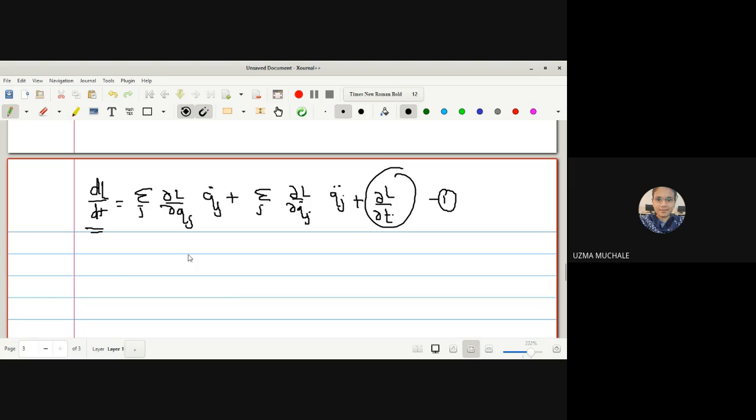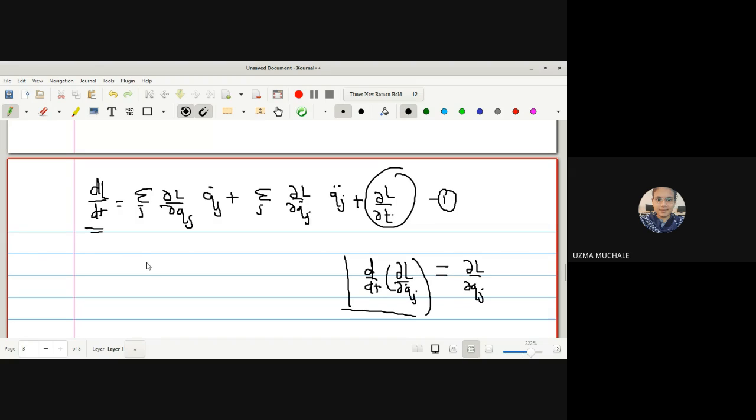But we know that Lagrange's equation of motion is given by, what is Lagrange's equation of motion? d by dt of dou L by dou qj dot minus dou L by dou qj is equal to 0. So instead of writing like this, I can write this as simply equal. Is it okay? So now let us put this in our equation 1.